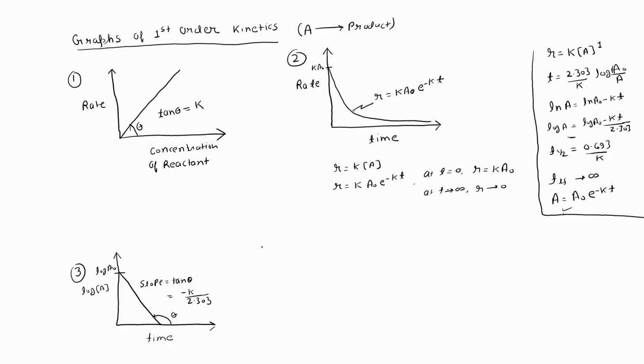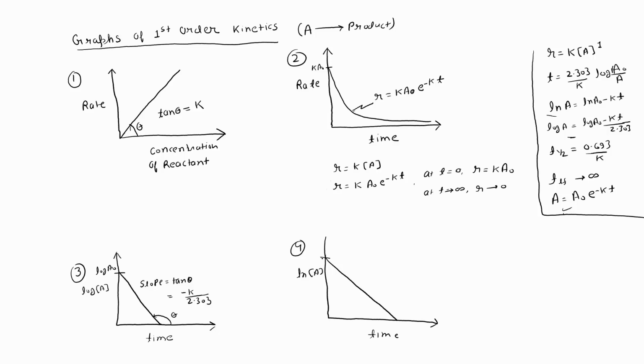Sometimes the graph is in terms of log base e, not log base 10. So then, if the graph is ln A with respect to time, it should decrease with respect to time, because we can use this equation.